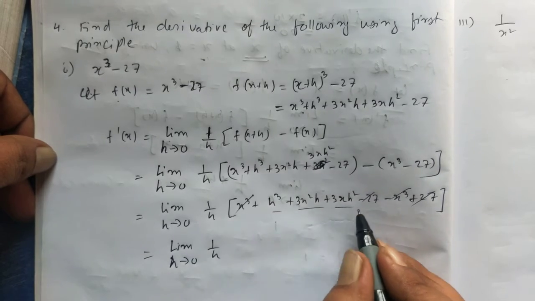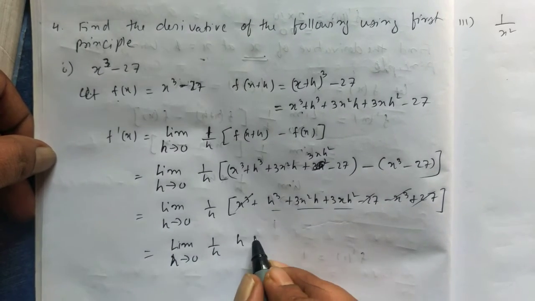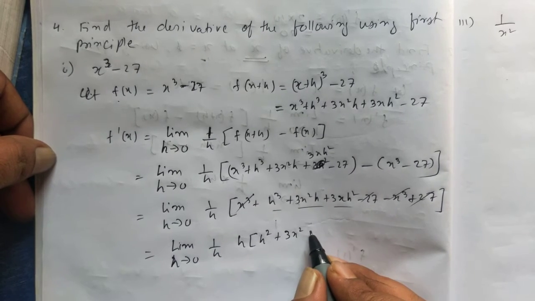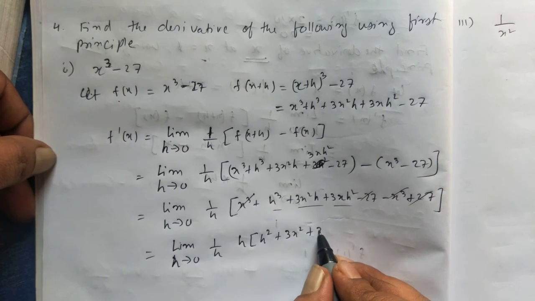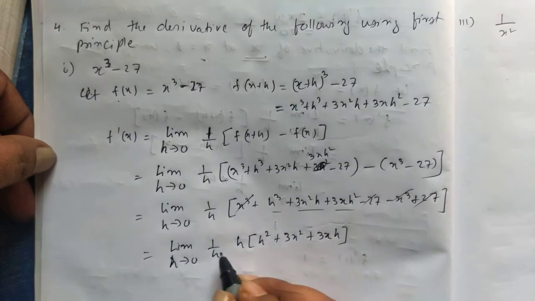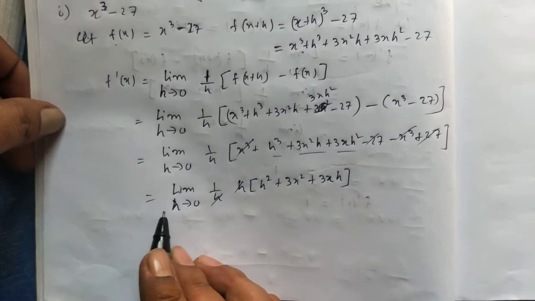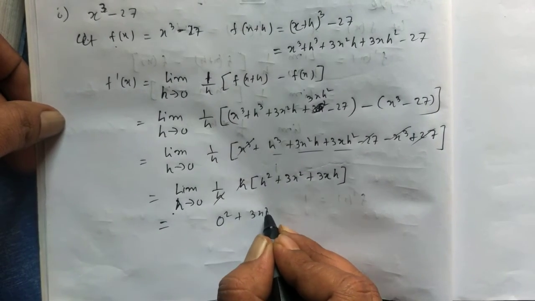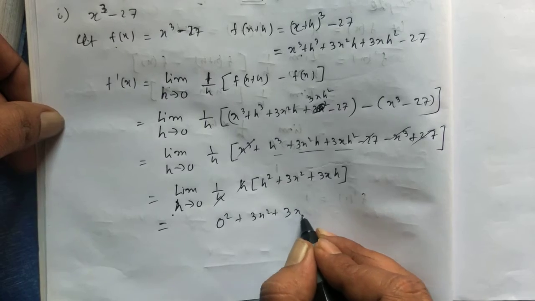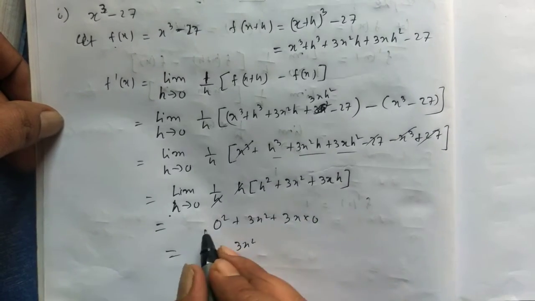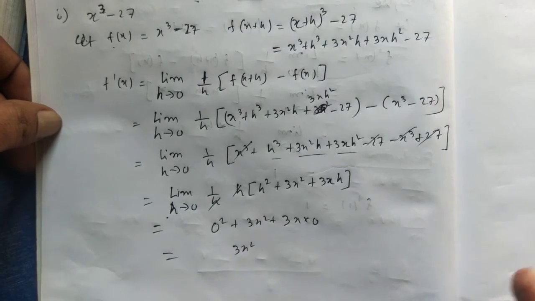The common is h, so you're left with h square plus 3x square plus 3xh. Now you can put the value of h equal to 0, you'll get 0 square plus 3x square plus 3x into 0, so you're left with 3x square only. This is also 0, this is also 0, you're left with this. This is the answer. Let's do question number 2.